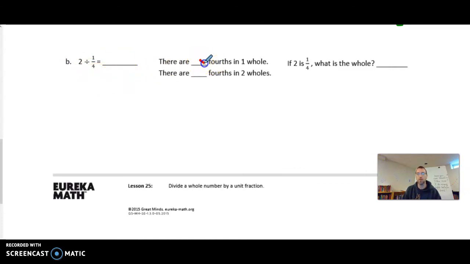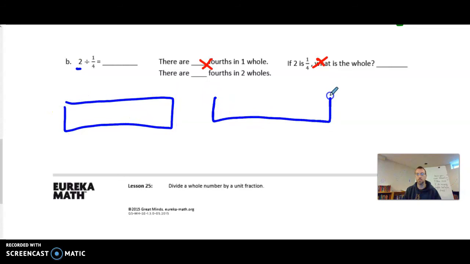And you might even want to pause the video for a moment, see if you can solve it, see how comfortable you are. But we're going to start out with 2 wholes. Draw 2 of them. Don't forget to, that's right, label it. And we're going to cut them into fourths.